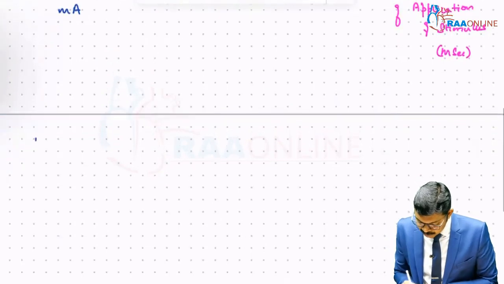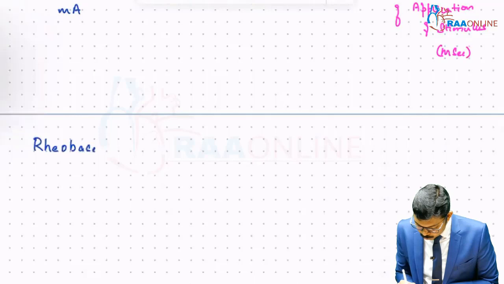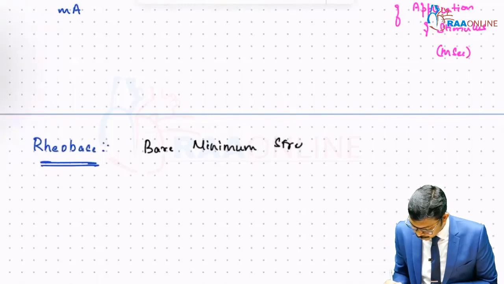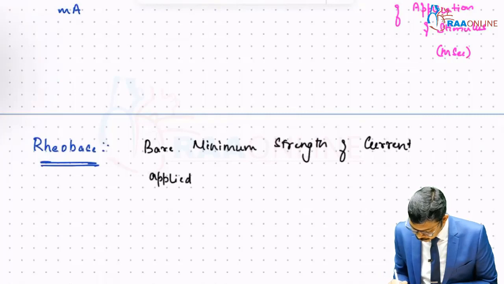So let's take up this word rheobase. So what is rheobase? Now this says it's going to be the bare minimum strength of current applied at least for 1 millisecond.